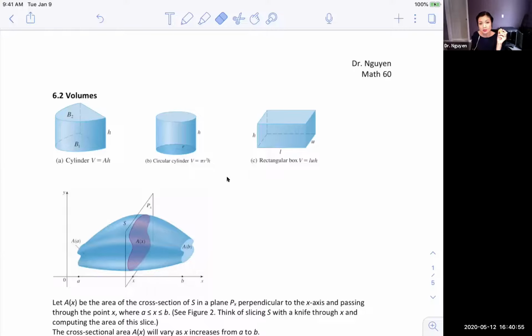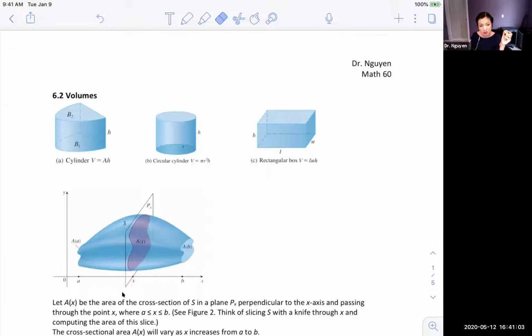I'm gonna do an example with you. We can start with that sample of a sphere. Now you can see right here, I have a cylinder, I have the rectangular box, and this is what we have for the cross section.